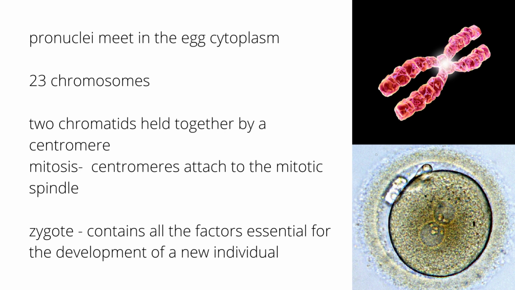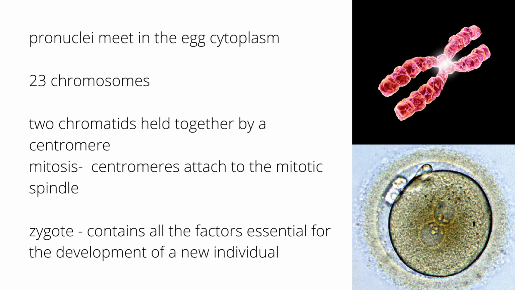The two pronuclei, the male and female pronuclei, next approach, they meet midway in the egg cytoplasm and they lose their nuclear membranes and each resolves its diffuse chromatin material into a complete single set of 23 chromosomes. Each chromosome is composed of two chromatids held together at the center by what we call the centromere.